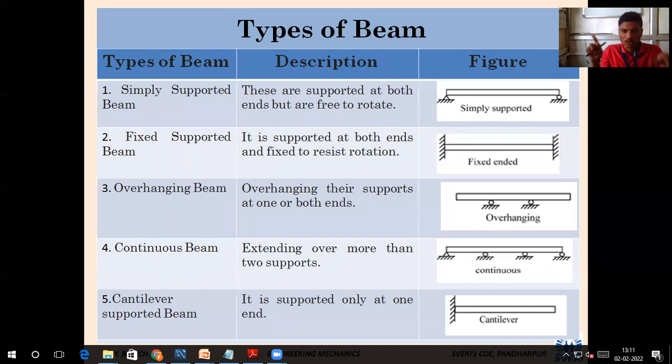Fixed supported: it cannot rotate, it is fixed, it cannot be lifted or slid. Overhanging: the ends are hanging, there is no support at the end, the support is in between. Continuous: more than two supports, not only at the ends but in between also. And cantilever: fixed at one end, the other end is free.